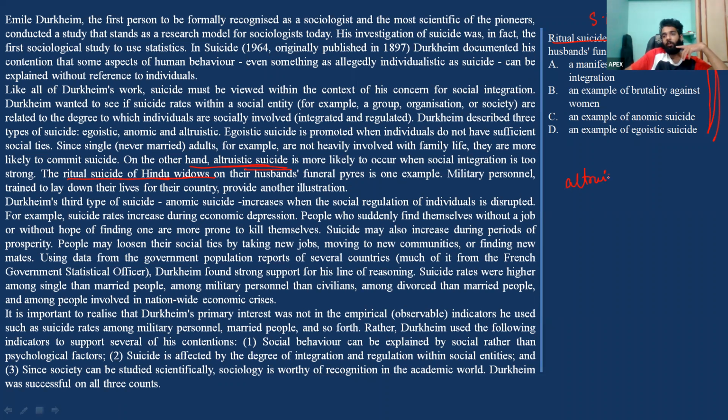Remember, altruistic suicide is when you have very high social integration. So a manifestation of strong social integration should be our answer. So the answer should be A. See, if you're doing your pre-thinking, if you're trying to understand the passage correctly, your questions will be very, very easy. You won't have to really work very hard on your questions.